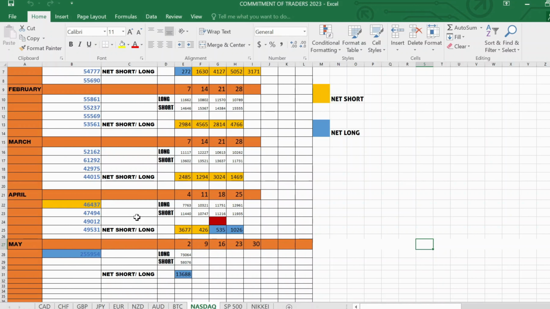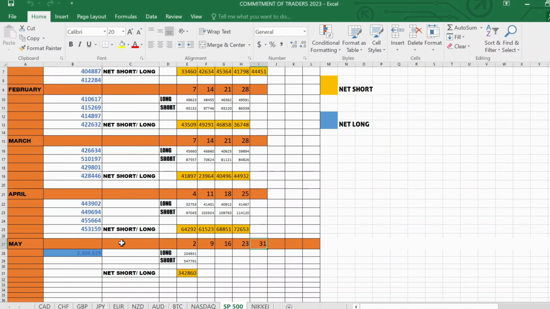But for the S&P 500, again, you can see the volume on April 25 was 453,000. That again jumped almost fivefold, sixfold to 2.3 million. And we look at this difference here. The net short difference is at the extreme.